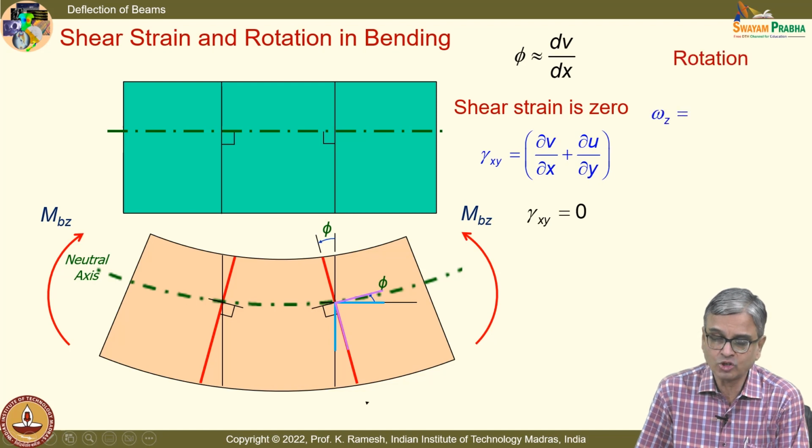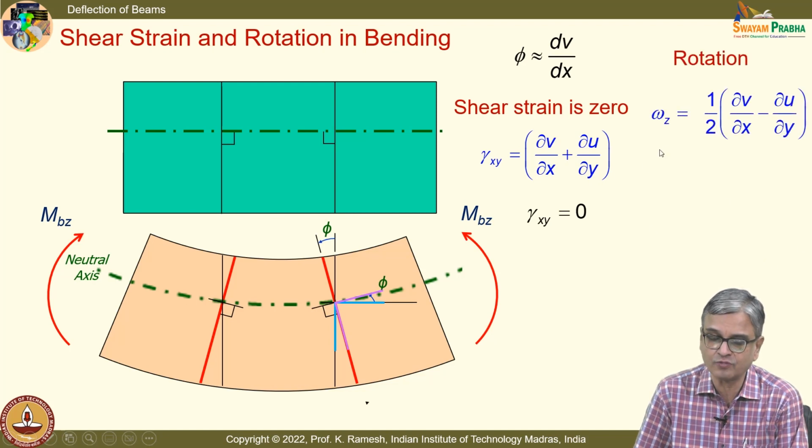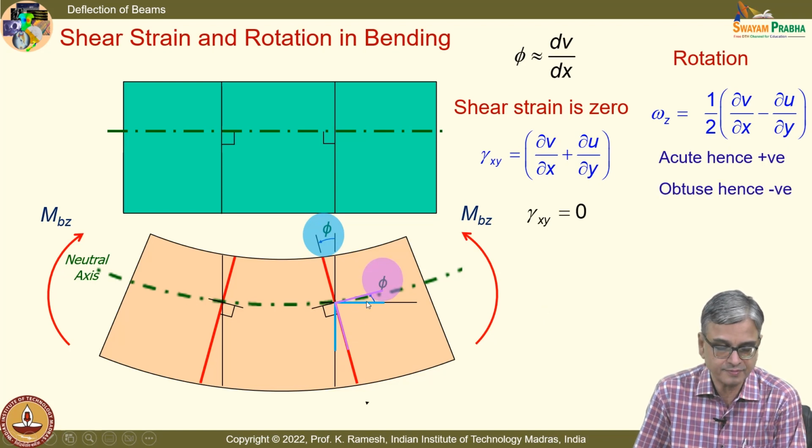And we have also seen what rotation is. Rotation is omega z, given as half of dou v by dou x minus dou u by dou y. And I have this as this angle. This angle will be labeled as positive because it is acute. This angle will be labeled as negative because it is obtuse, the way the deformation takes place.